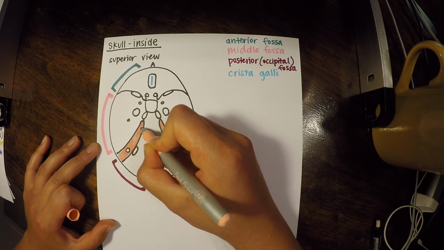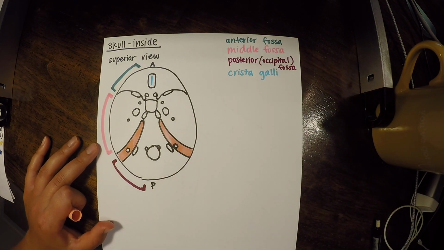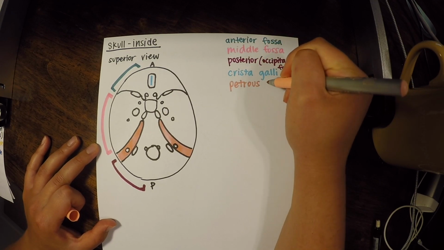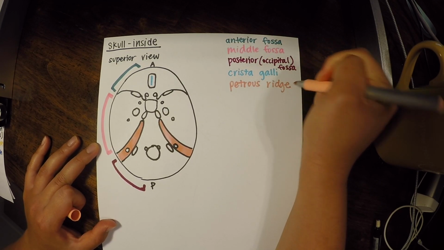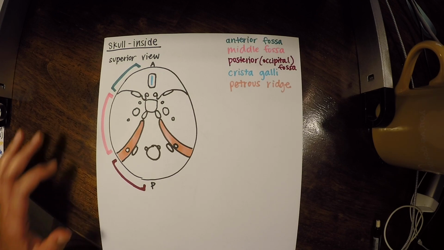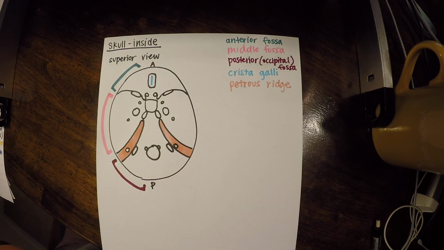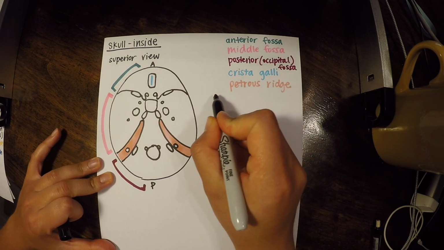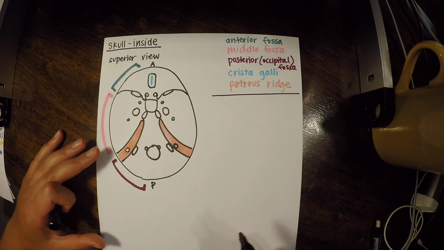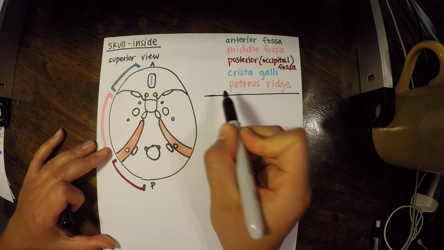You'll be able to see that on the skull in the model, but it's just this little ridge. And I think that's it. All right, so those are the main structures that I want you to know in terms of this view of the skull. Now we're going to switch gears and go into the different foramen, or the different holes in the skull.